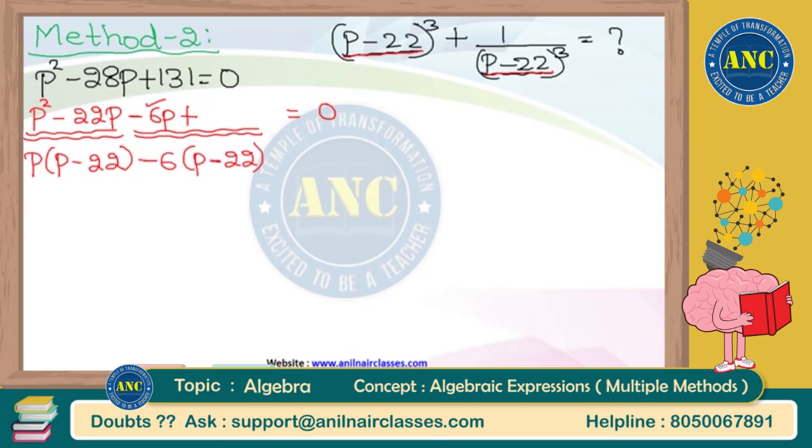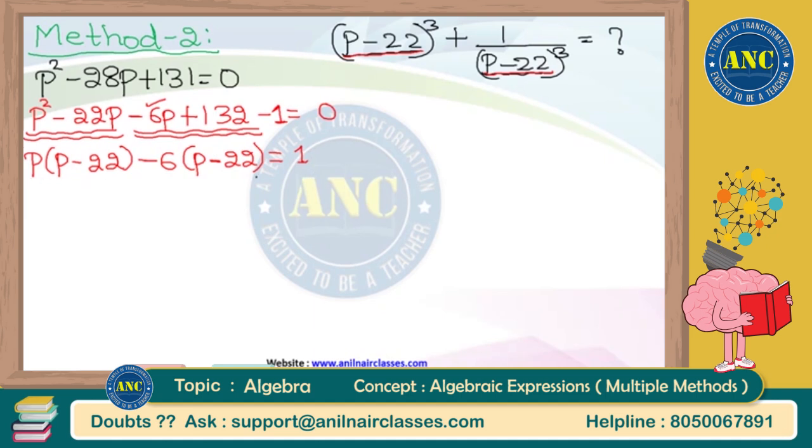Minus 6 into minus 22 is 132, but the question says I want 131, so that extra minus 1 I will write. Adjustments are made as of now, no need to worry about that. This minus 1 I will shift to the right hand side. This is how I should think. The way you think, you will make the problem so simple.